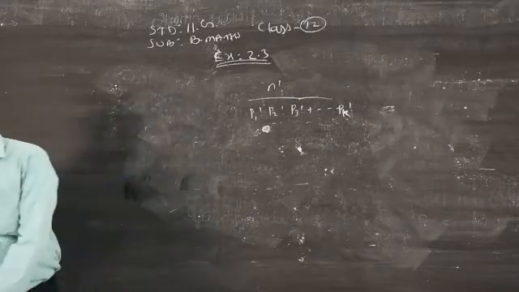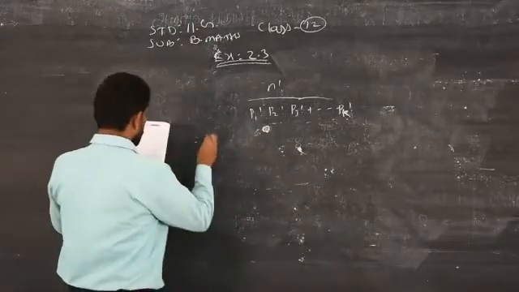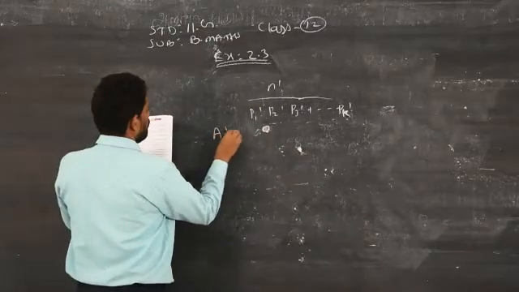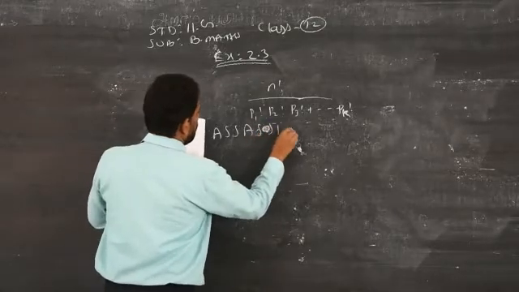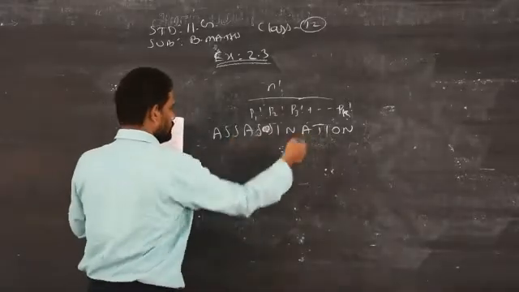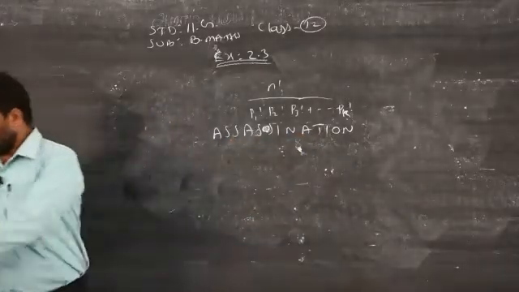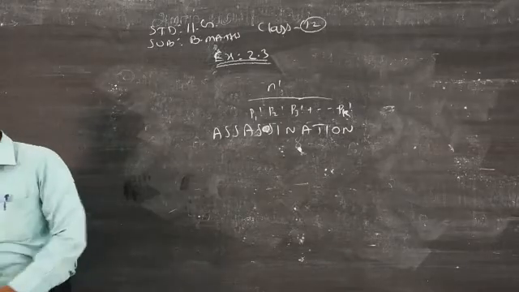So first you have to write assassination: A S S A double S I N A T I O N, assassination. So how do you find the answer using this formula?